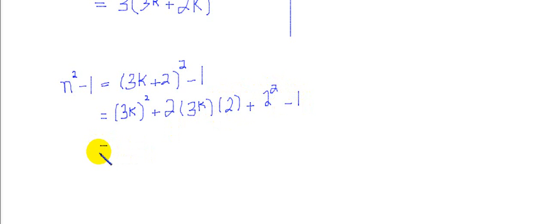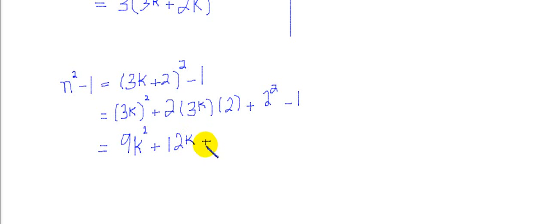So 3k whole squared: the square is on the 3 and on the k both, so 3 squared is 9, and k squared is k squared. Then 2 times 3 is 6, and 6 times 2 is 12, so 12k.